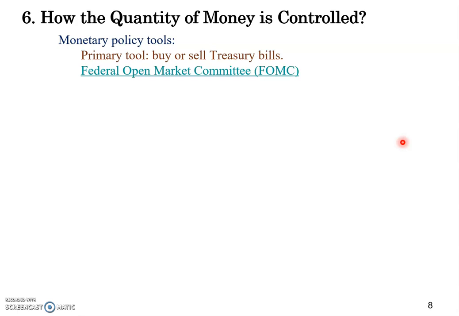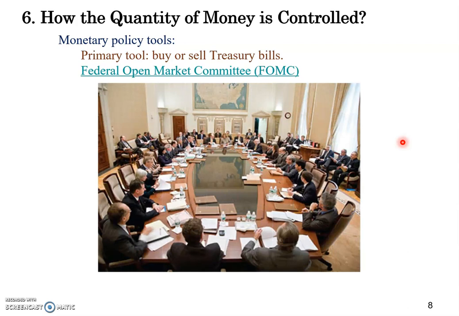Okay, we said that there are supposed to be 12 members sitting on this committee. Okay, that includes 7 members of the board plus 5 of the 12 regional banks presidents. Okay. Now here is a picture of one of the FOMC meetings several years back.